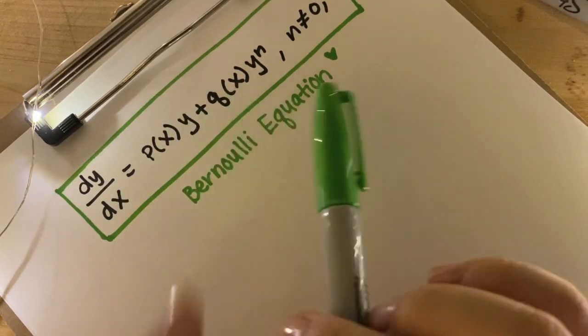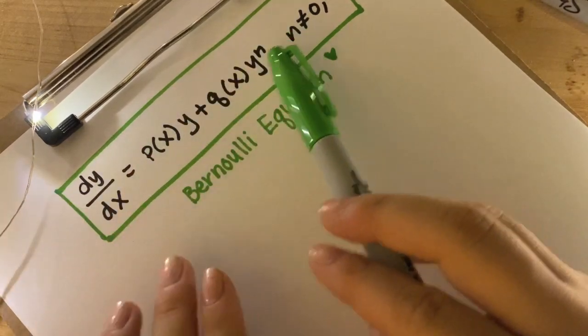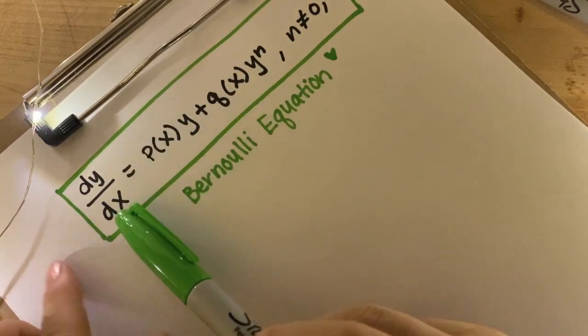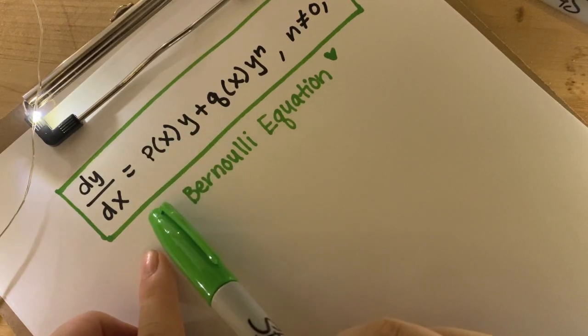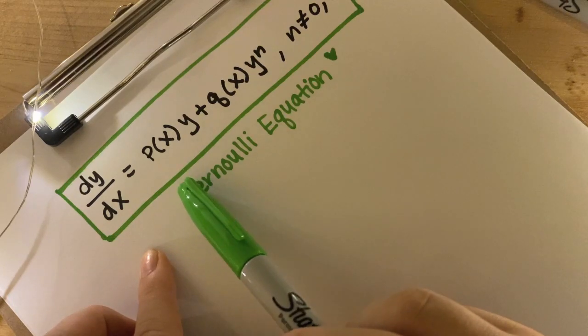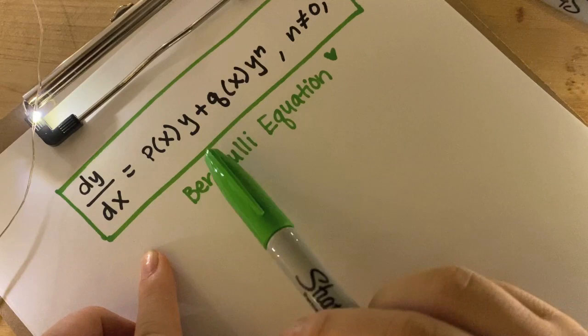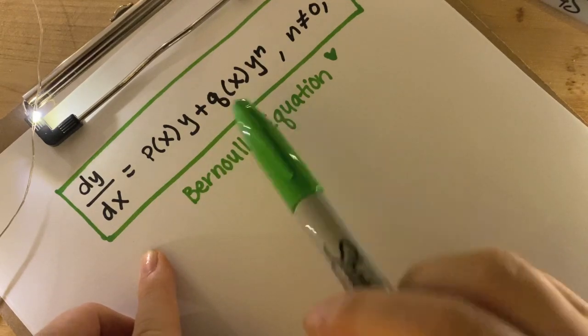So some people like to have the q of x, y to the n part on the right side alone, and just do y prime plus a of x times y equals b of x times y to the n.